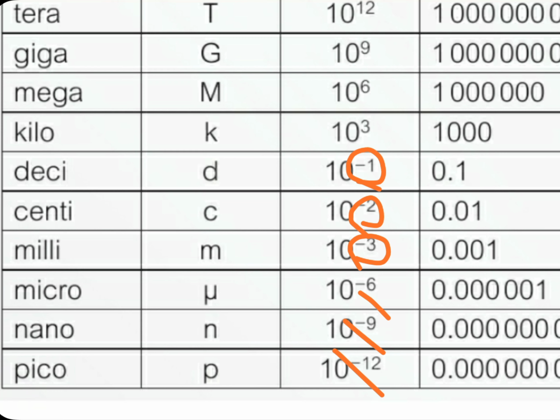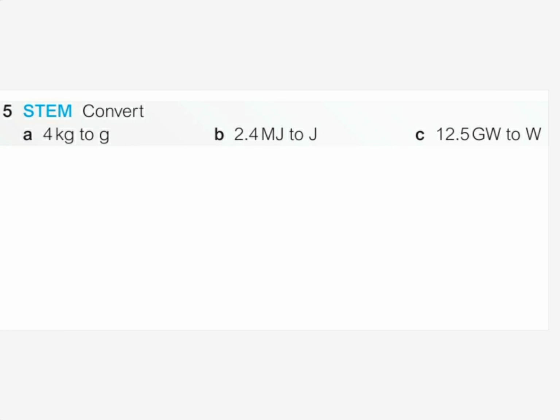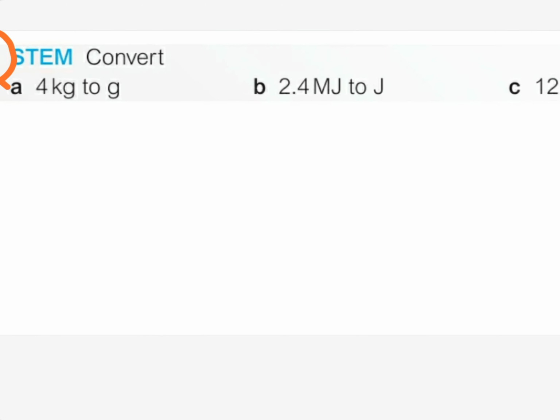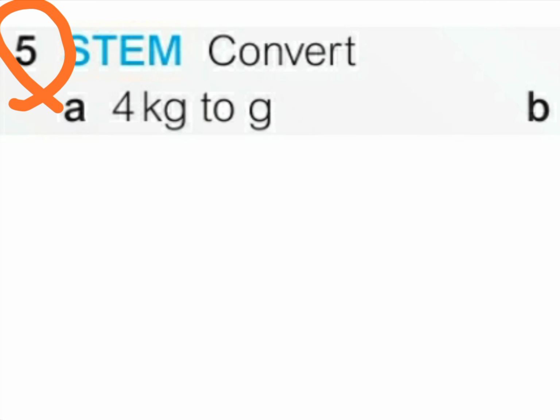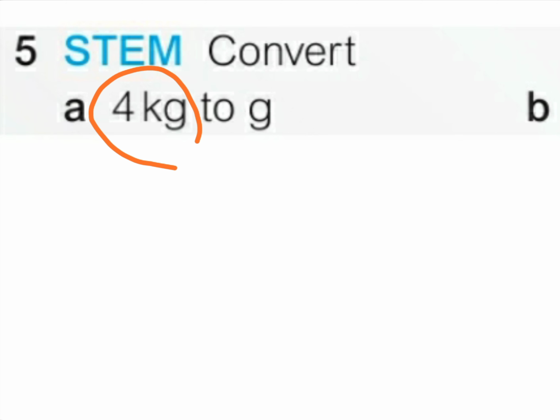Now, I'll show you a question that is related to this table. Let's take a look at the question. Question 5. Convert. He wants you to convert these numbers. For example, with A, convert 4 kilograms to grams. Now we know that k means 10 power of 3.